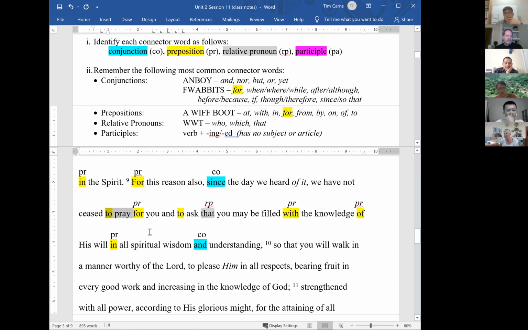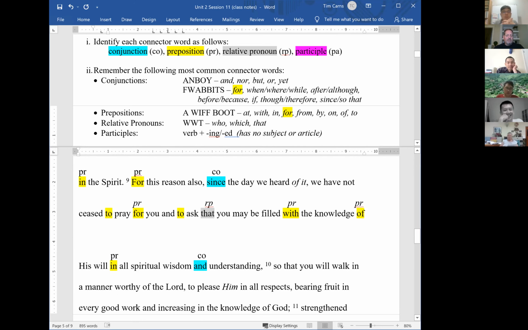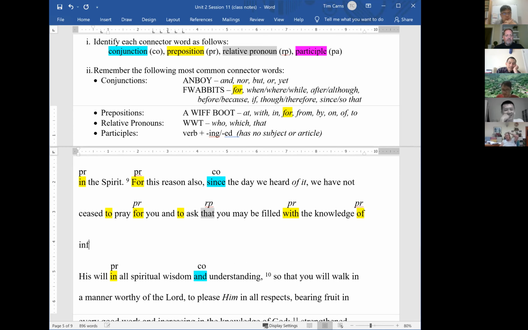To pray. What do we notice here about this? To is a preposition, but what follows the word to? What kind of word? Pray, yeah, it's a verb. So it's an infinitive. Remember, guys, we talked about infinitives: to plus a verb.